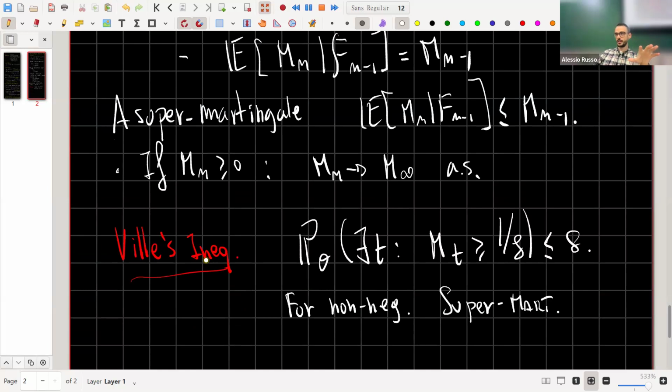So this is exactly the statement I just said before in words. It's a sort of Markov inequality. Markov inequality is saying the same thing in a sense. Here we also have the expected value of M_0.